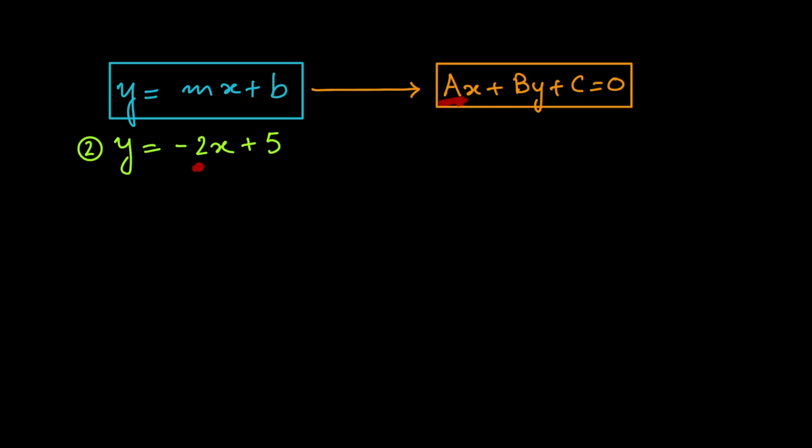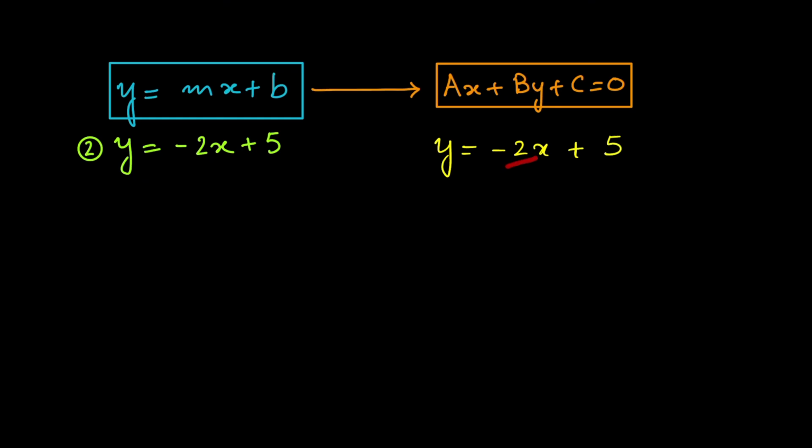So for that we have to move this 2x, or the minus 2x, to the left side, and 5 also should be moved. For that we do the opposite operation of both. First we rewrite the equation: y = -2x + 5.